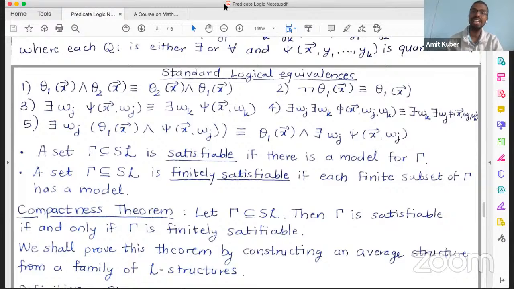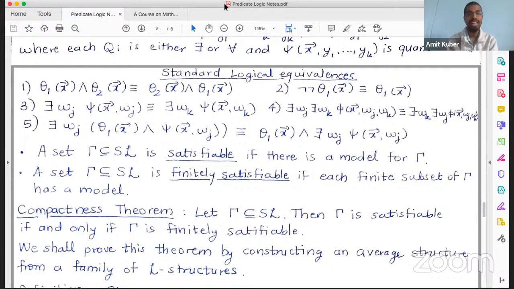Let's say sequences of natural numbers, with pointwise ordering, then it is not a field. It will still be a ring, but not a field.